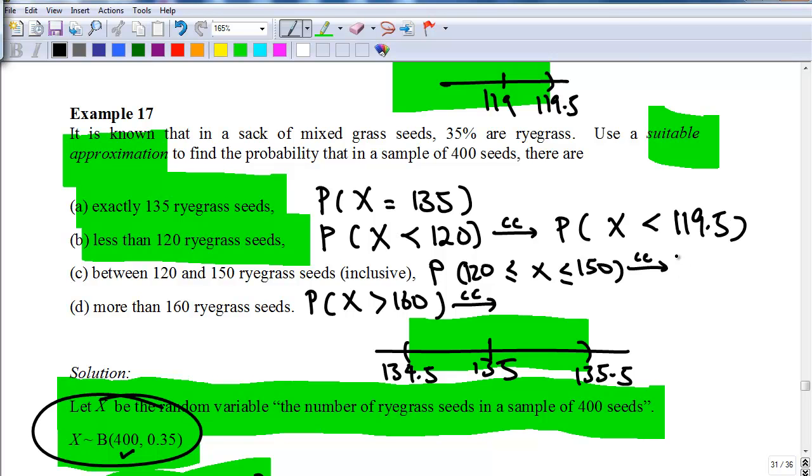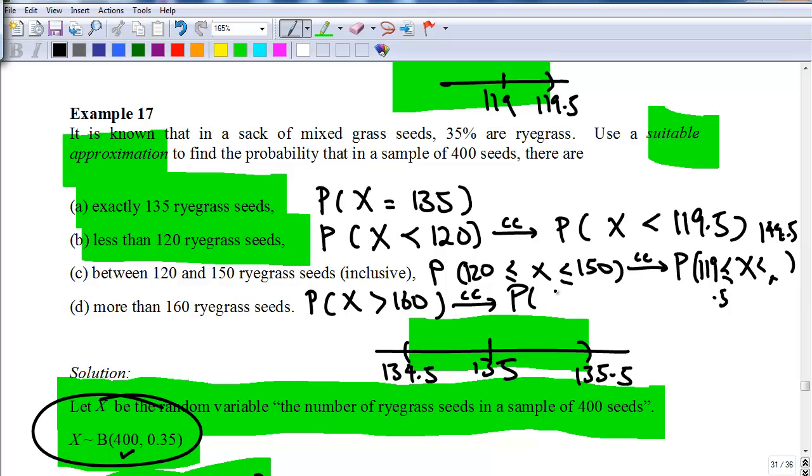Now what about the next one? I want X to be between 120 and 150 inclusive of both endpoints. It will not be too difficult for you to figure out that this number is 119.5, and this number is 149.5. What about the next one?